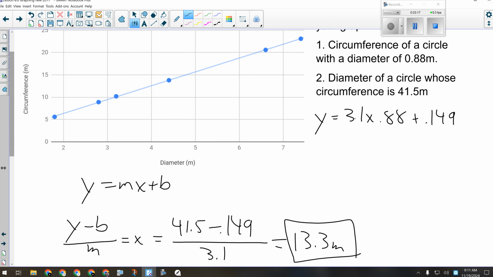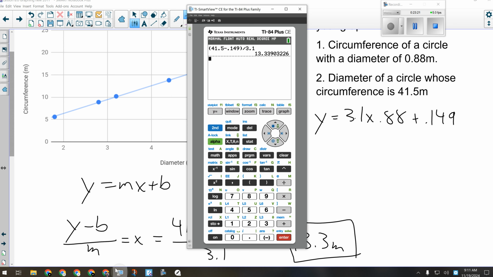If I did it the wrong way, like we had said, if you let your calculator do its thing and just went 41.5 minus 0.149 and then divided by 3.1, we get a much different answer. Here's what you have to understand about physics. If an answer doesn't make sense, it's wrong. Physics always works.